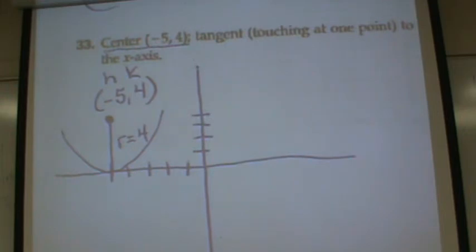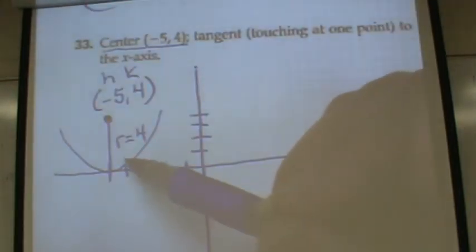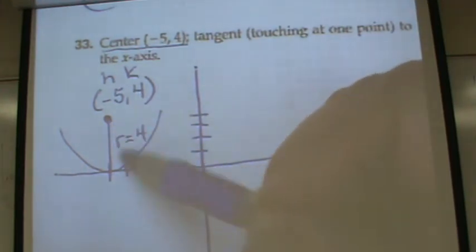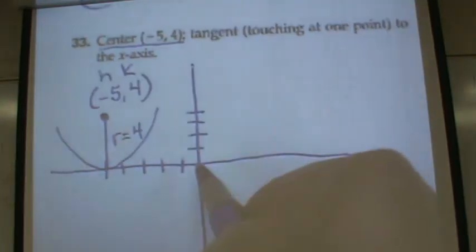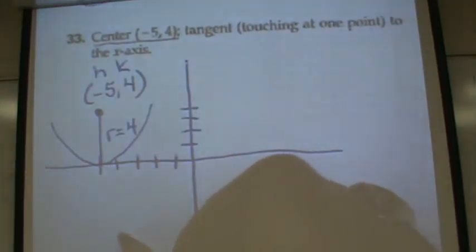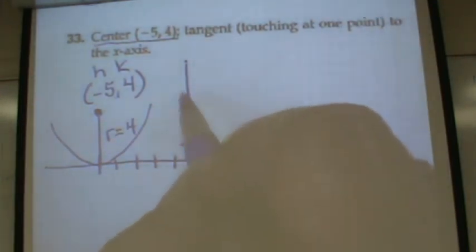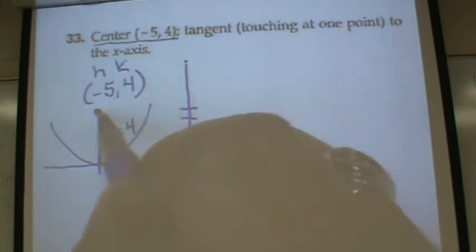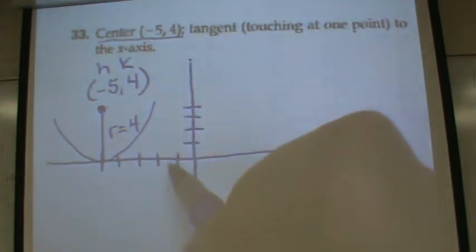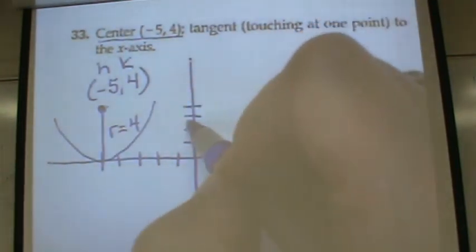You guys get that? Do you understand why it's 4? Because you went up 4, not -5. -5 is this way. If I would have said it's touching at the y-axis, your radius would have been 5. From here to here is 5. And it would be touching at this point right here.